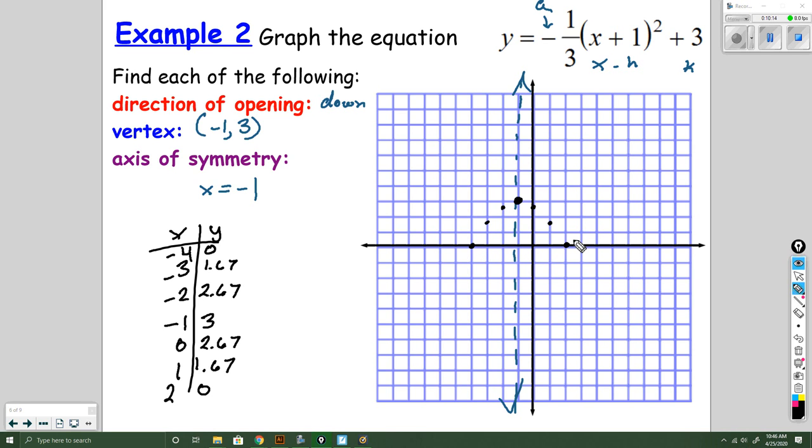That might be enough. If we want to just get another point, 5, -9 is another point on this graph. And it would be the same on the other side. All right, and now we can form our parabola.